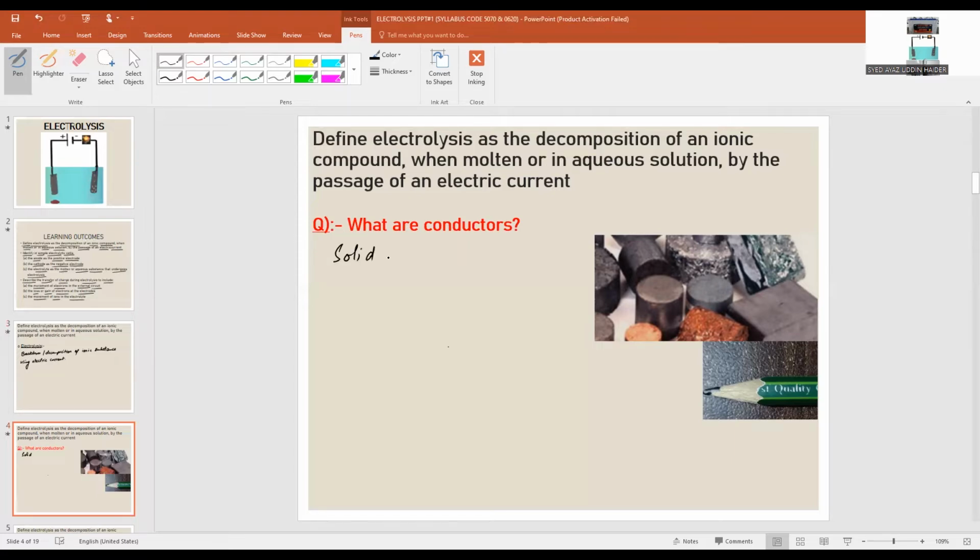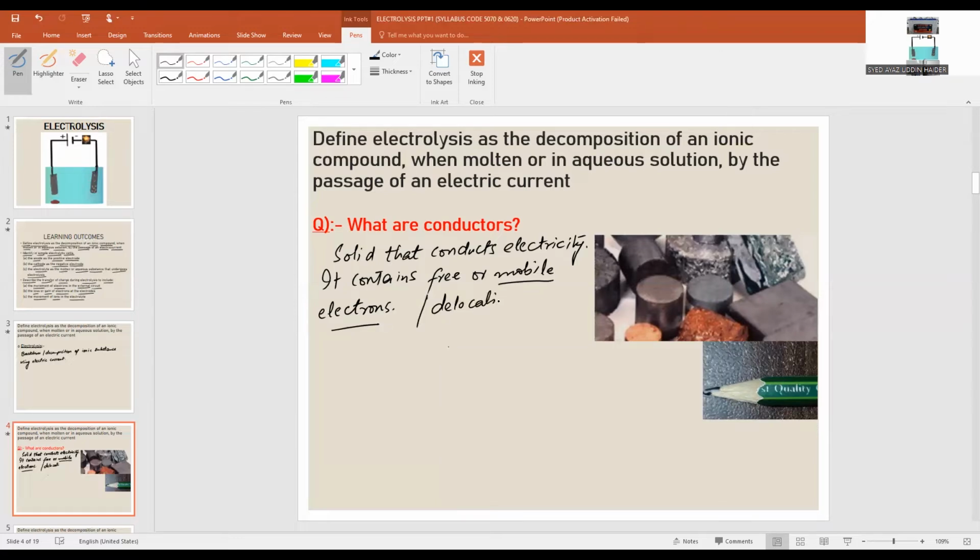The reason is simple, and that is a solid contains free or mobile electrons. You can call them delocalized electrons.